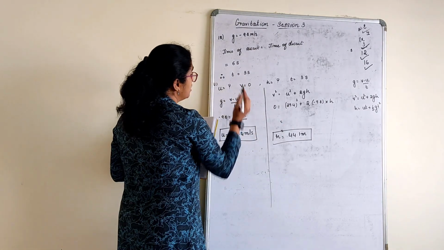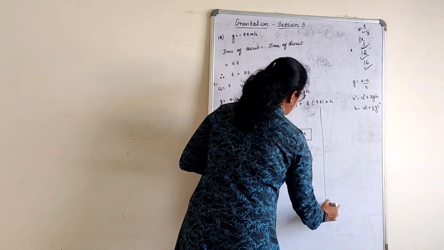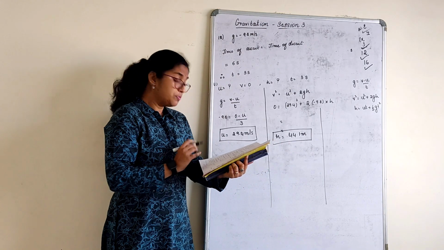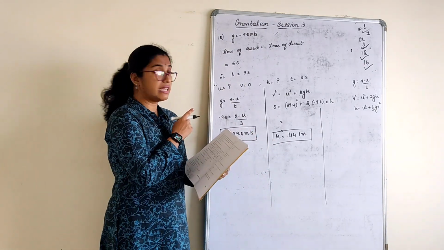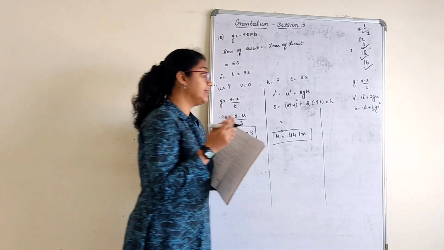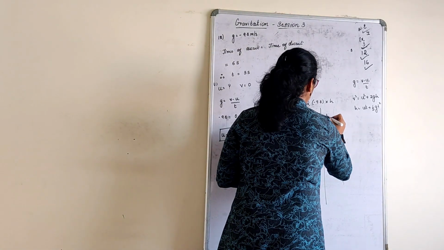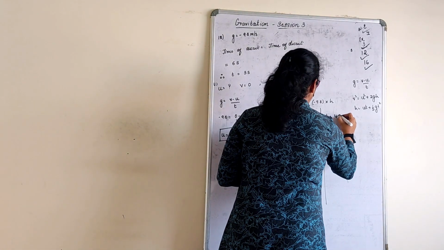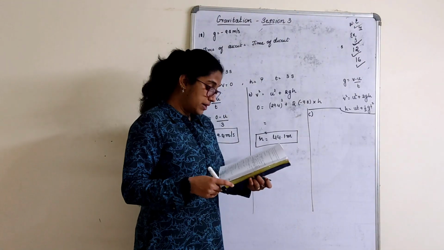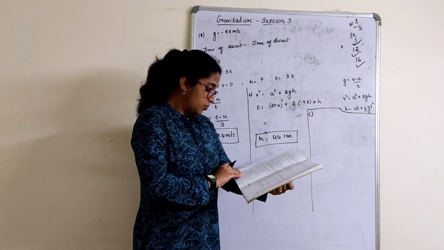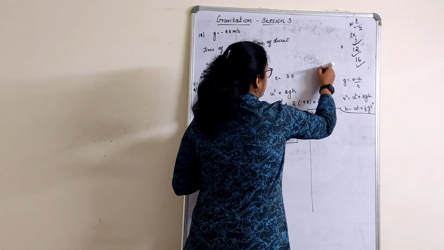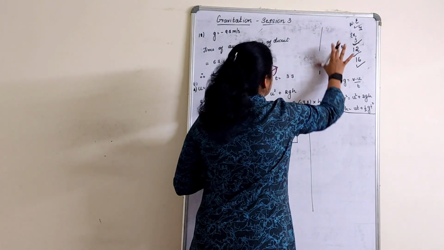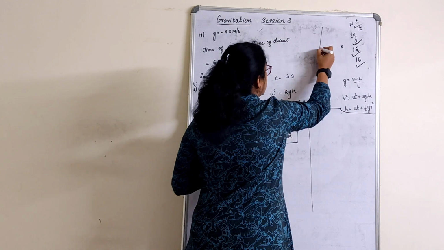Second part is done. What is the last part they have asked? Its position after 4 seconds. Now we have to calculate the position of the ball after 4 seconds. For example, this is what we had considered in the beginning: this is the ground.